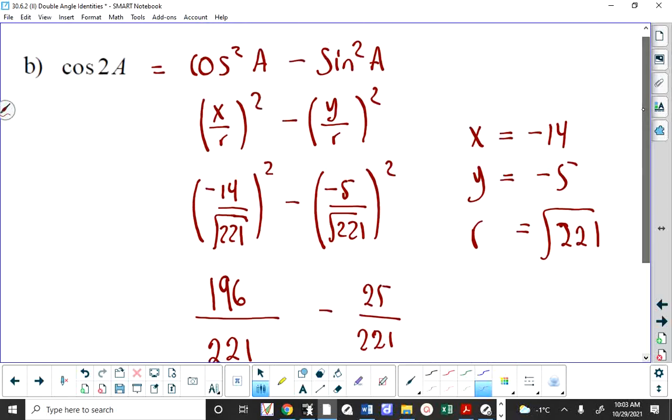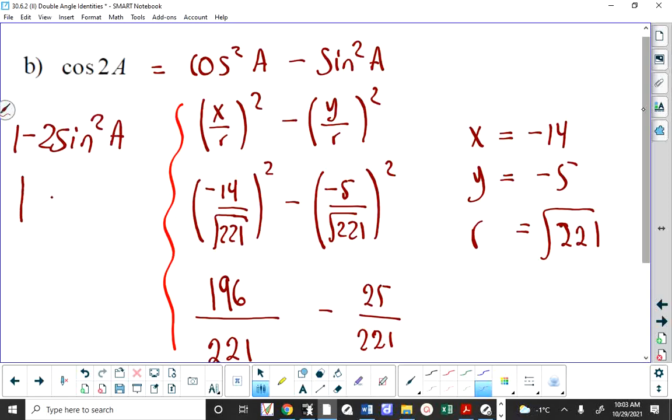If you wanted instead to use 1 minus 2 sine squared A, then you would have 1 minus 2, and I don't think you need to write this down, times sine of A quantity squared, which is negative 5 over root 221 squared.